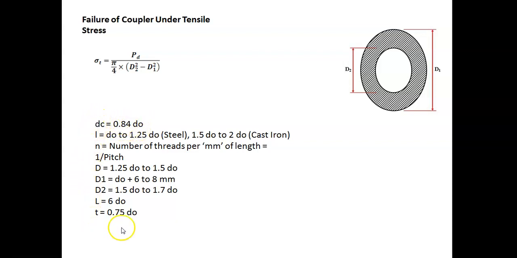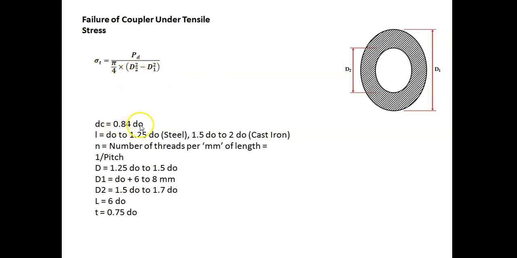So these all are empirical formulas for the turnbuckle. Once you know the core diameter, you can either calculate the nominal diameter from this empirical relation or from a table given in the question. So remember these empirical relations for the turnbuckle.